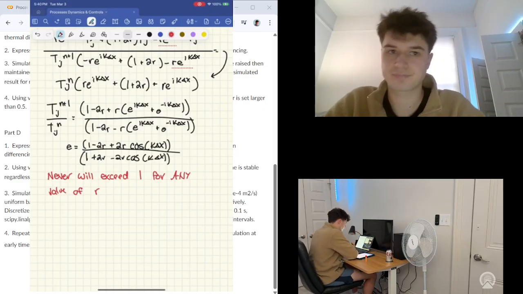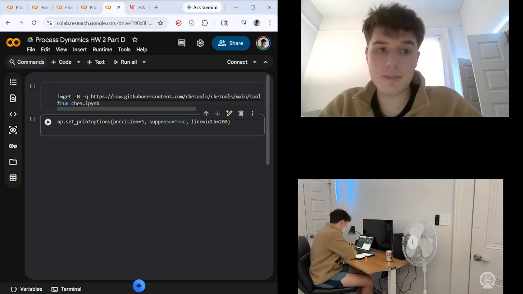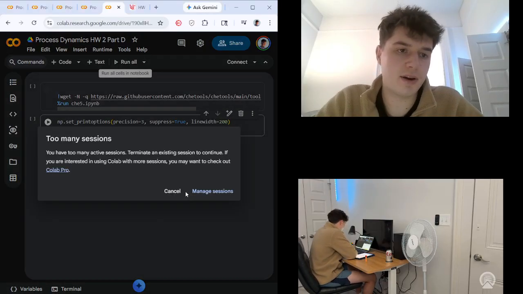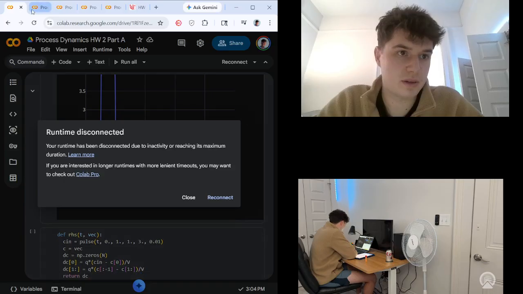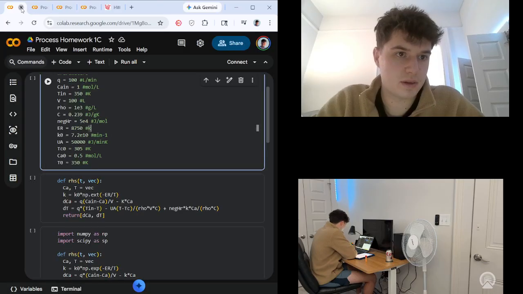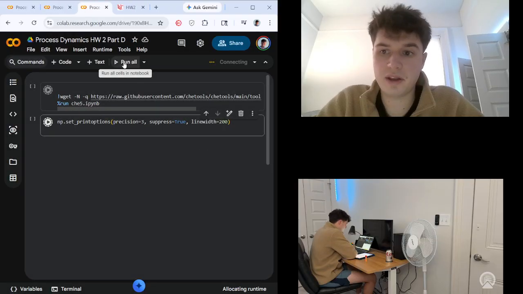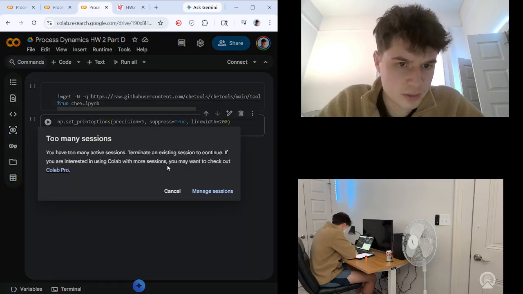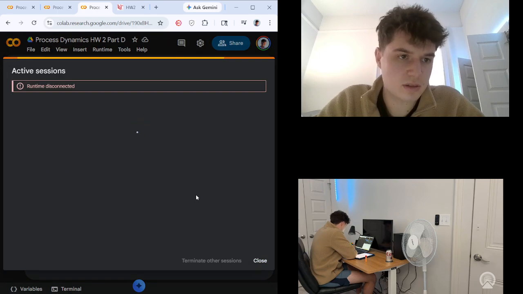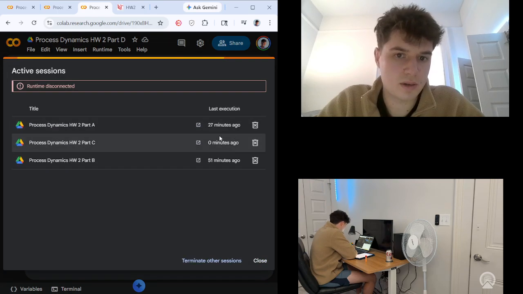Let's do it. As you can see, I've started in Colab, and I got the message: too many active sessions. Oops, let's get rid of some of these. I didn't know that was a thing. The more you know. Terminate existing session to continue. Manage sessions. I guess we're going to have to close out all these.